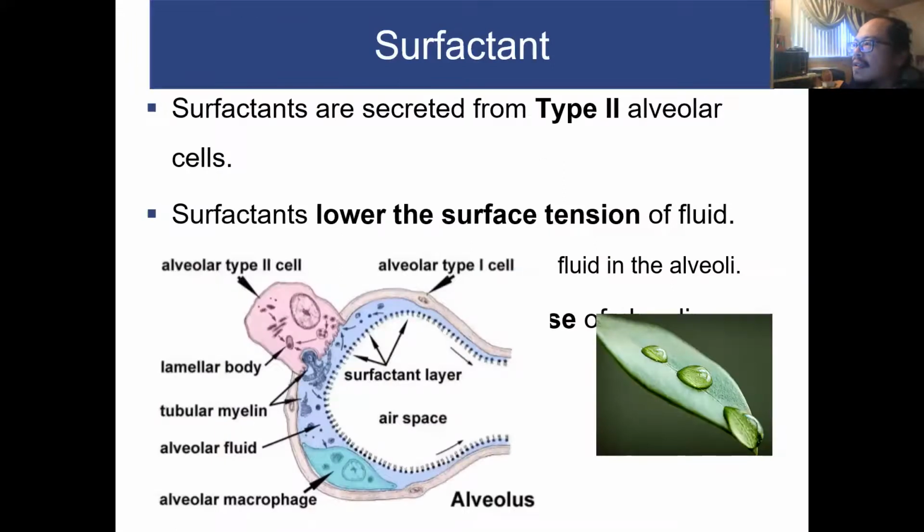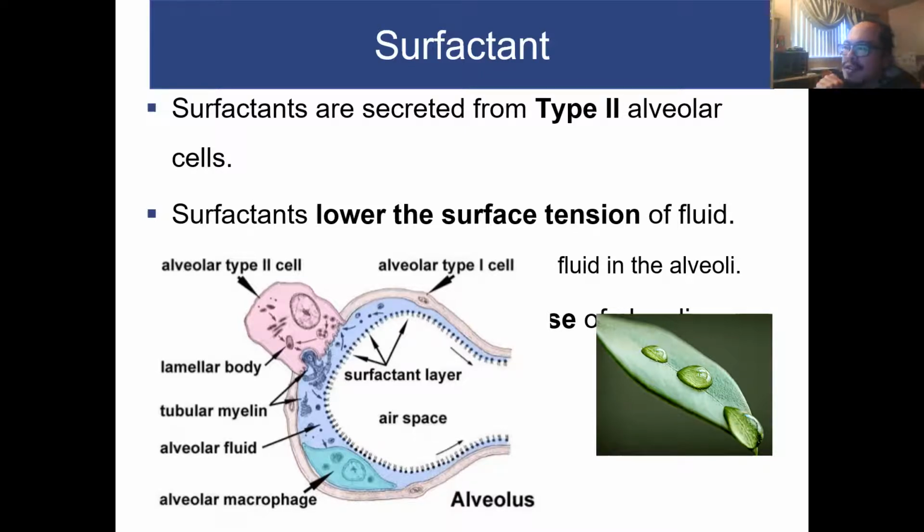Are you good? Now, the alveolus is a space filled with air, but on the surface of this alveolus, is it dry or is it wet? It is wet, so it cannot be totally dry. Then the question is, how can we keep the surface wet?